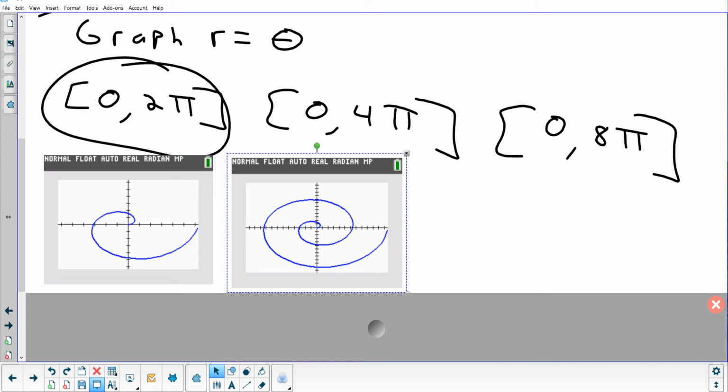All right, so that's graphing spirals. And that's pretty much all we cover about parametric and polar. There's a lot more stuff you can talk about, but this just kind of gives you a quick idea of some of the kinds of shapes you can draw. Shapes we definitely haven't seen up until this point in the year.